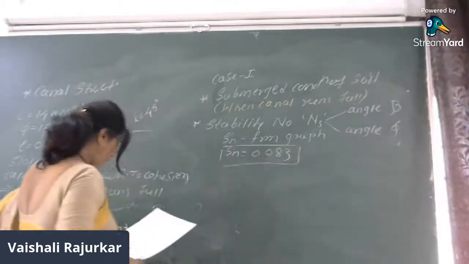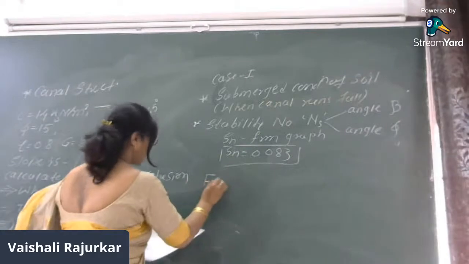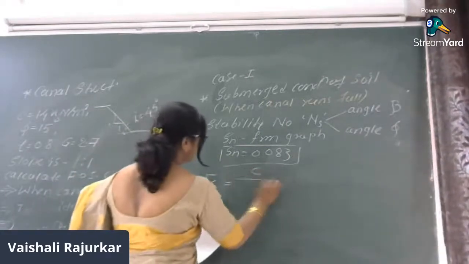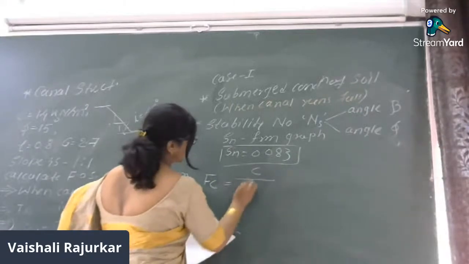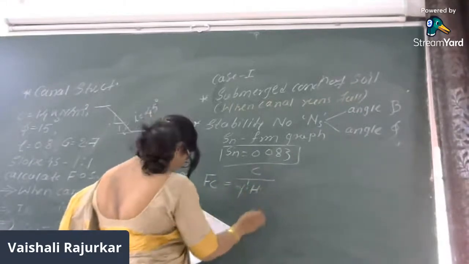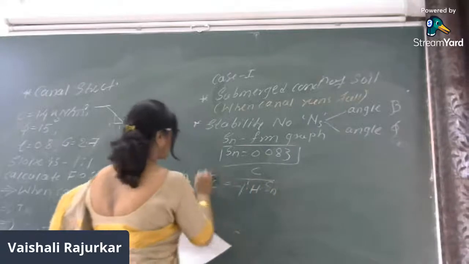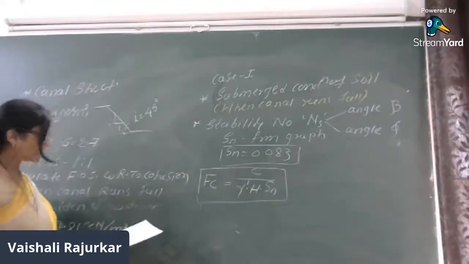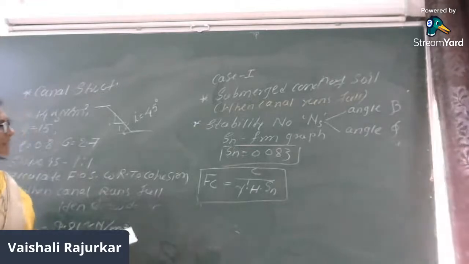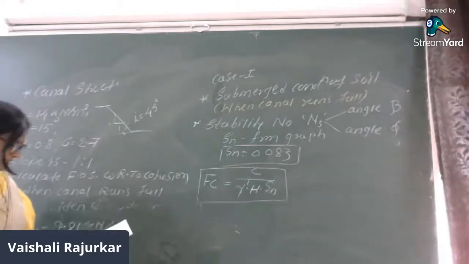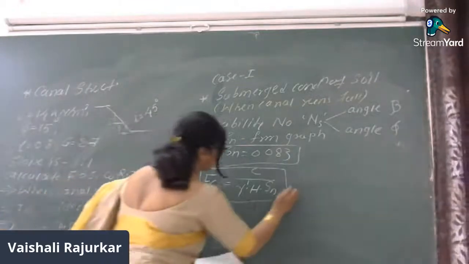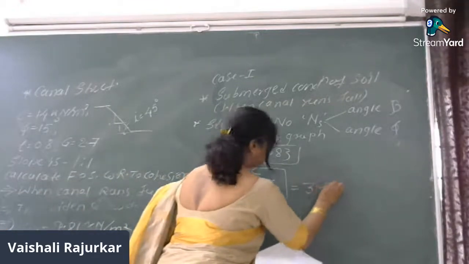Now what is the factor of safety? Fc is equal to C upon gamma submerged into H into Sn. Here we will get the C value as 14, gamma submerged is given as 9.27, H is 5, and it is found to be 3.64.